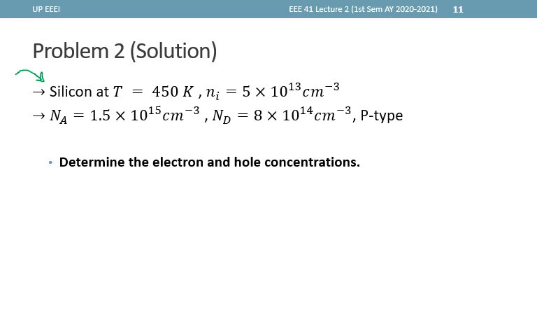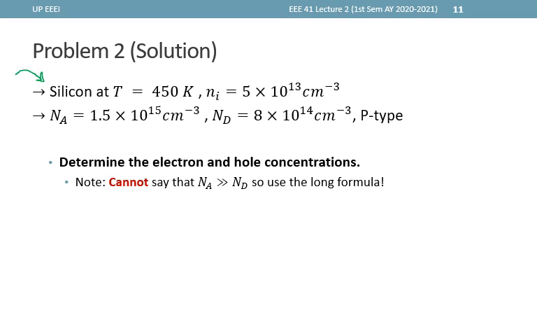And since Na is greater than Nd, the material must be p-type. Given this information, we'll determine the electron and hole concentrations. We cannot go directly to the law of mass action, np is equal to ni squared, because there are two unknowns, n and p.